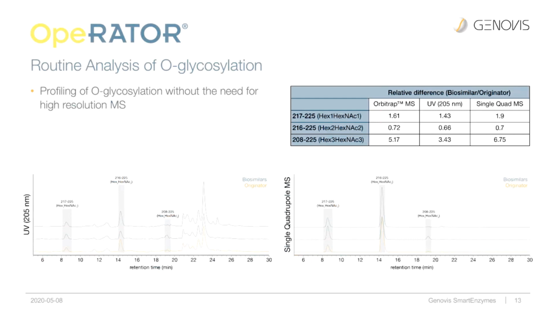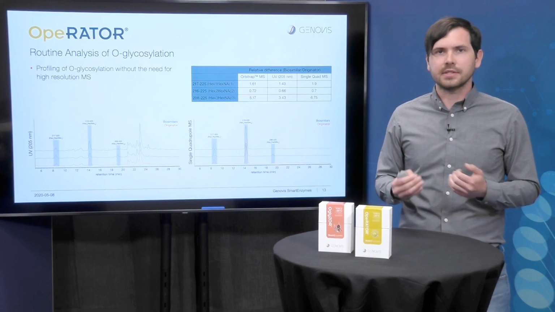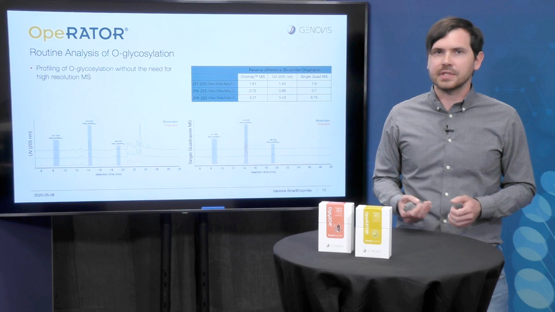And the short answer is yes, we can get very similar results. We find the same 3 peptides that are different, also detected by UV or by the single quad MS, showing that this assay can be moved from initial characterization using high-res also down to routine QC type assays where you're just profiling and seeing whether the profile matches what you've previously seen or not.